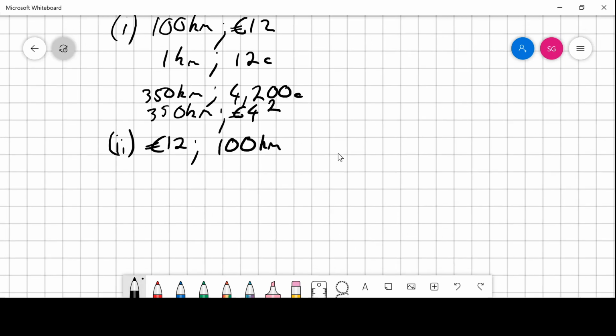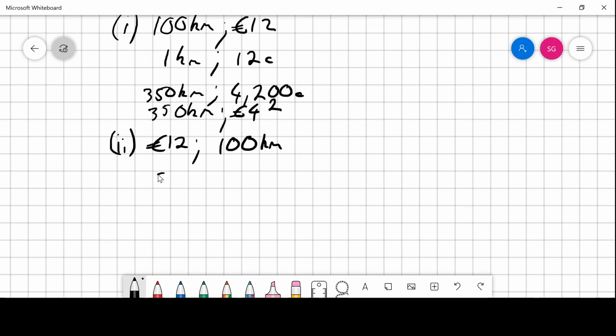So how much would 1 euro get me? So 100 divided by 12, you're going to get something annoying. You know what? This is going to give it to me as a fraction. I'm going to keep it in fraction mode. So 25 thirds of a kilometer, and that might seem weird, but it will make sense in a second.